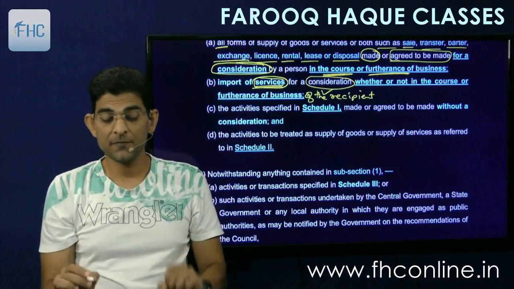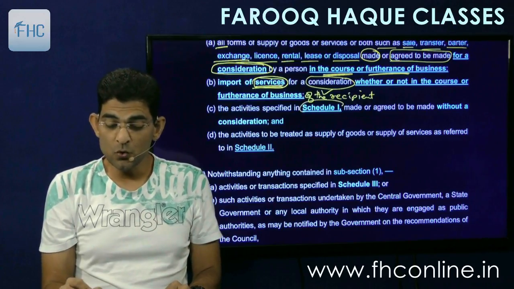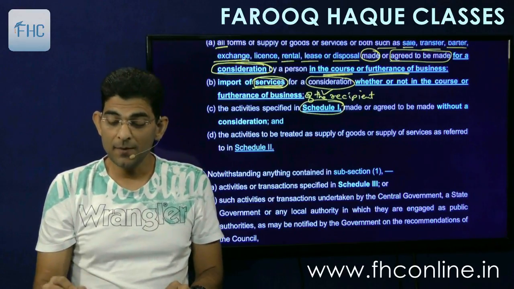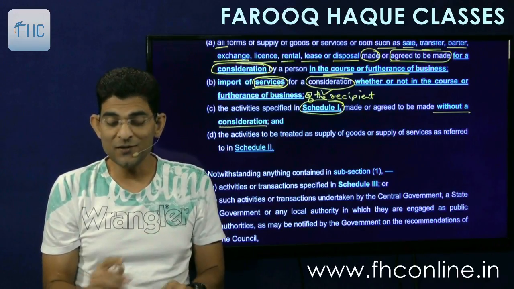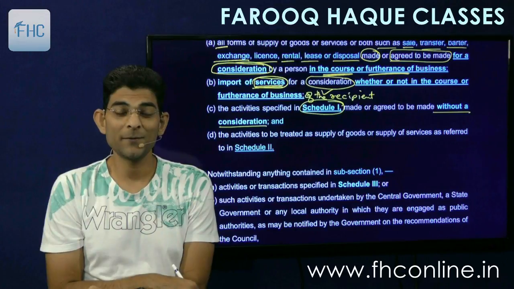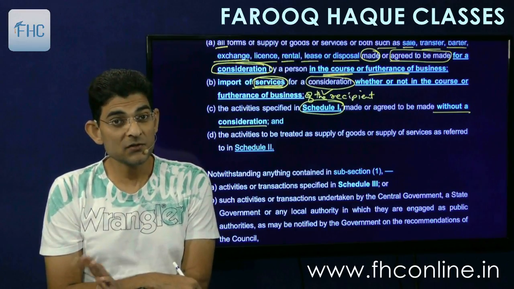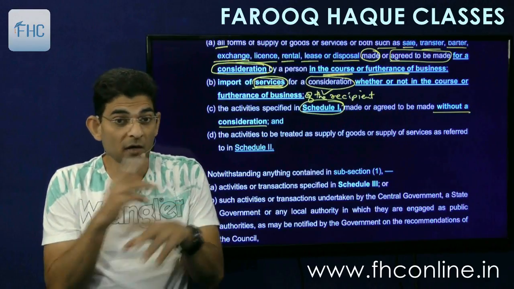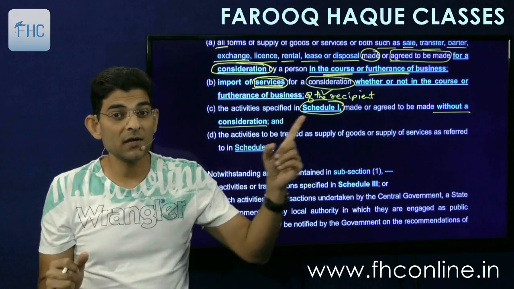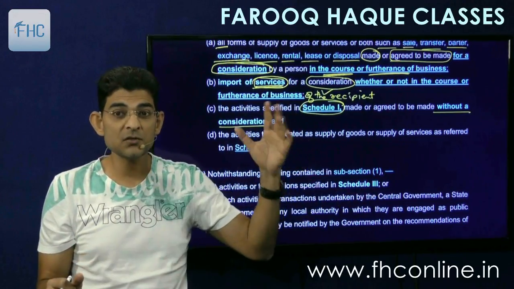And what it says? Activities specified in Schedule 1 made or agreed to be made without a consideration. Look, there is no consideration. But still they will be called as supply. Now what are these transactions? So they are given in Schedule 1, which we'll see later on. After this section we'll go to Schedule 1.